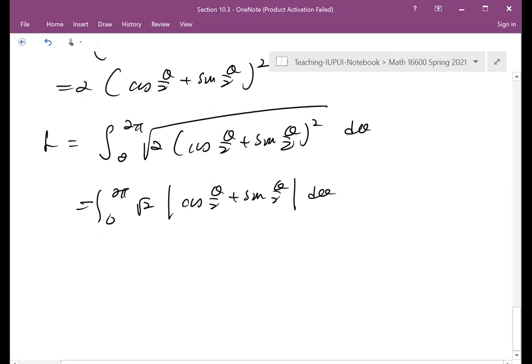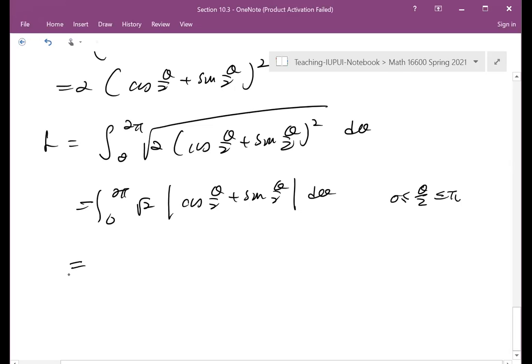Now, think about that. Half of theta is between 0 and pi, okay? So cosine half of theta could be negative, but sine half of theta is always positive. But cosine half of theta may be very negative, right? So the sum is going to be negative.